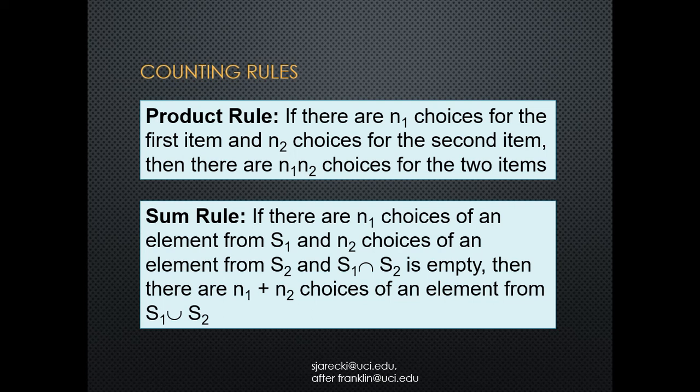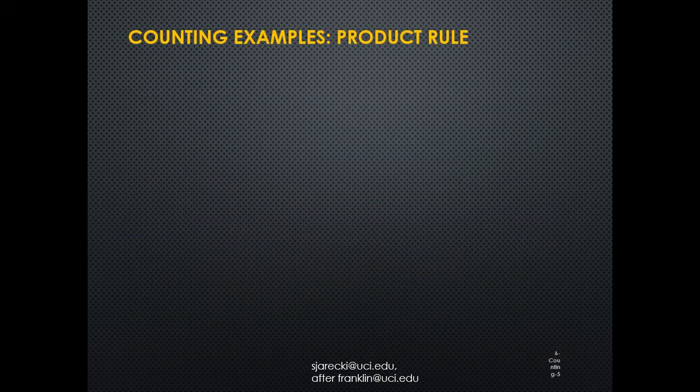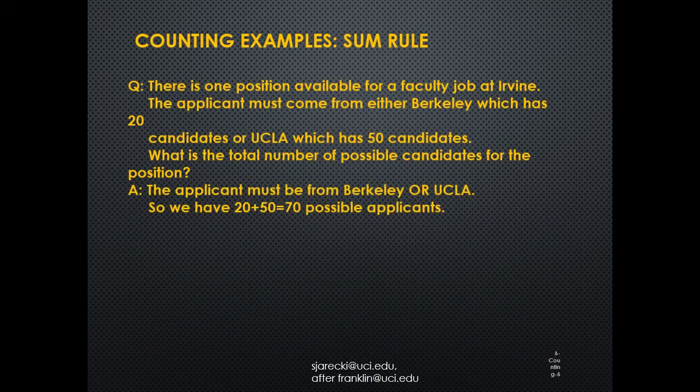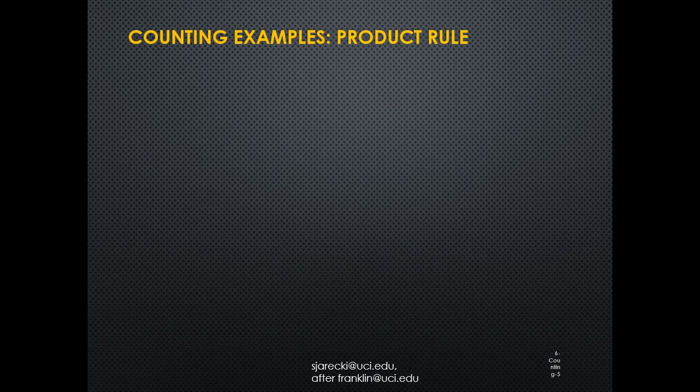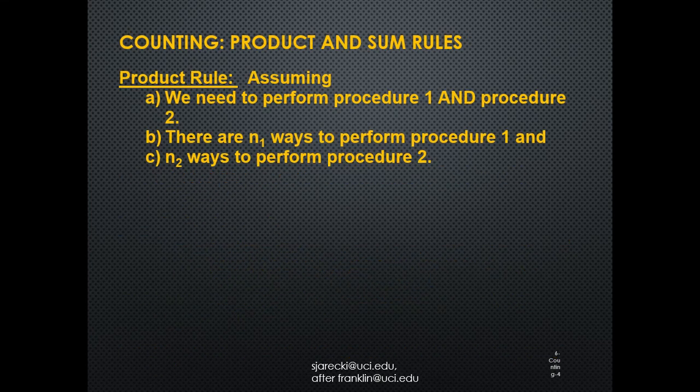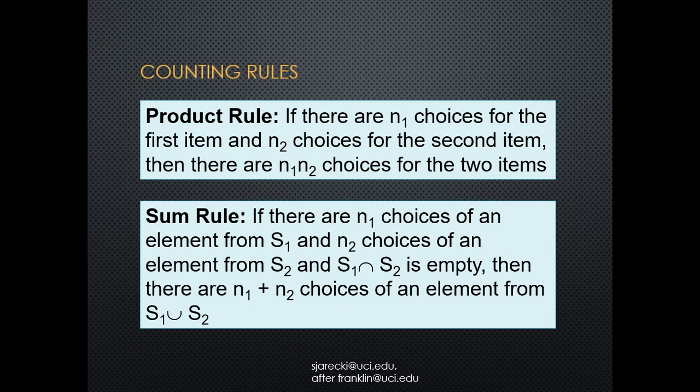S2 represents the fish set, which has 10 choices, and S3 is the vegetarian, which has 5 choices. So out of the choices of the elements of S1, S2, and S3, we have to apply the sum rule. Okay?